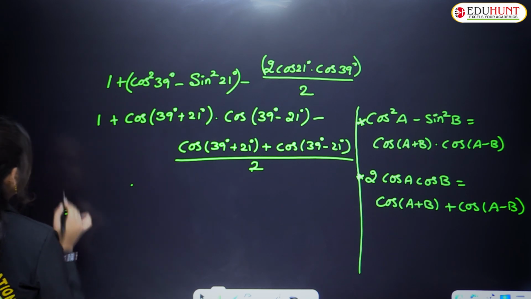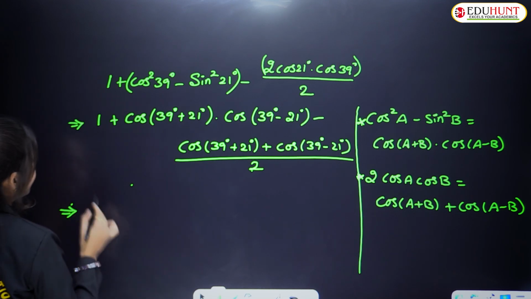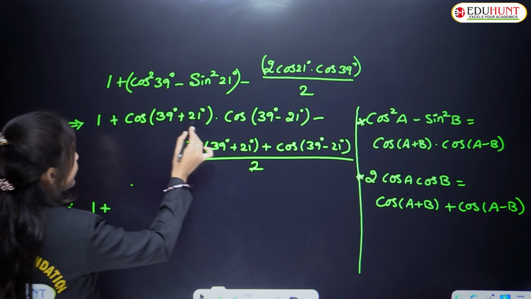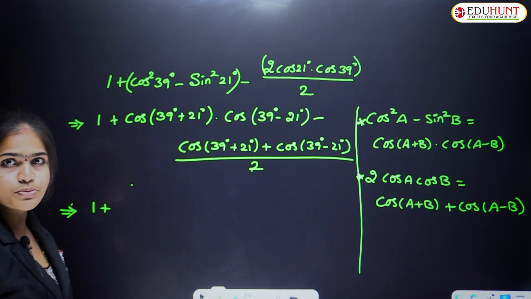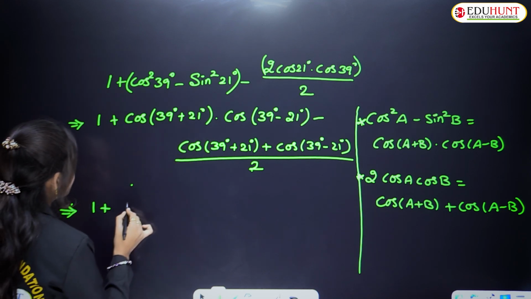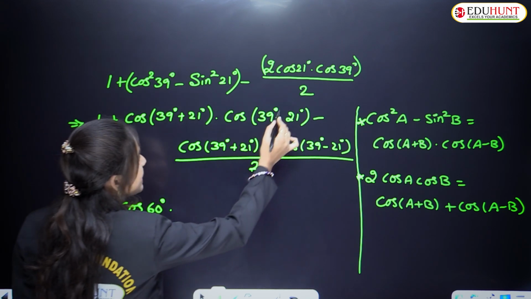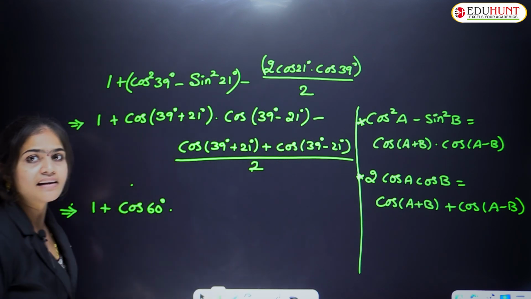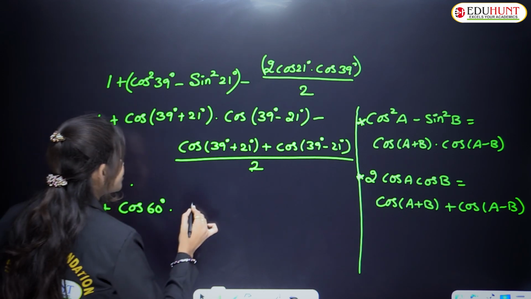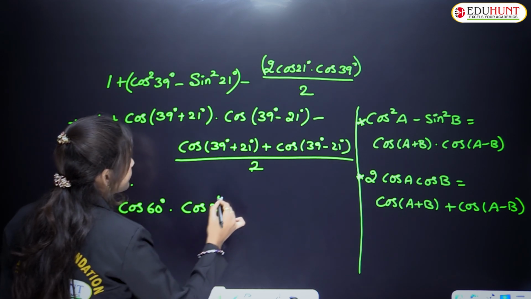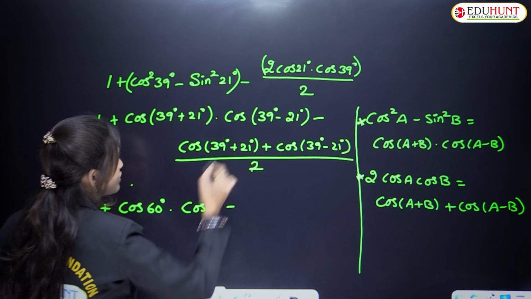So from this one, here 1 plus cos of 39 plus 21. 39 plus 21, that is nothing but 60 degrees. So cos 60 degrees into cos of 39 minus 21. 39 minus 21, that is cos 18 degrees. Okay, minus, and here also the same thing.